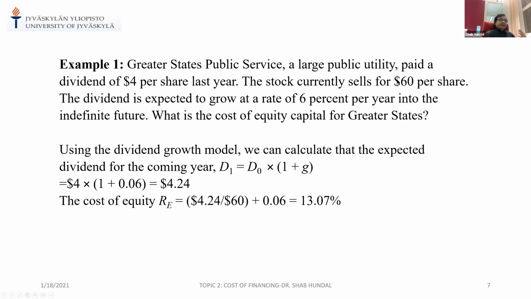So the same price, which otherwise I would have calculated if there was data of D1, RE, and G, then I would have calculated the notional stock price. But the fact is that in this question, I am given the actual price and I'm asked to calculate the expected cost of equity.